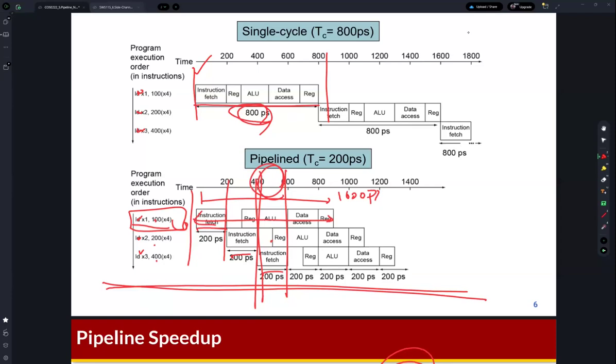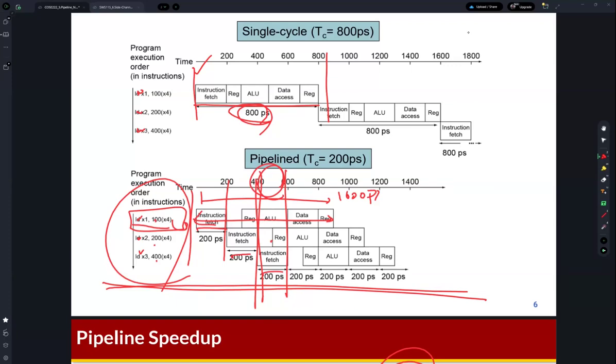And also the latency of a single instruction is the same or can be increased, right? If we just focus on a single instruction, the latency is not decreased. The latency is the same or can be increased. But if we apply the pipelining design, then we can increase the number of instructions per unit time.